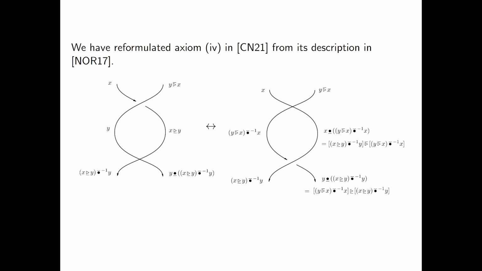So as mentioned earlier, the definition of a Psyquandle structure presented here is the definition in the paper Cocycle Enhancements of the Psyquandle Counting Invariant, which is a reformulation of the original Psyquandle definition. And specifically, we reformulated axiom 4. So let's take a closer look at axiom number 4.